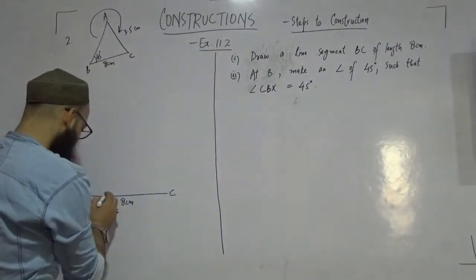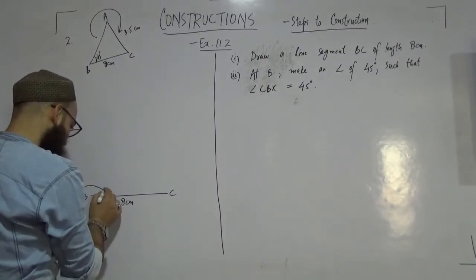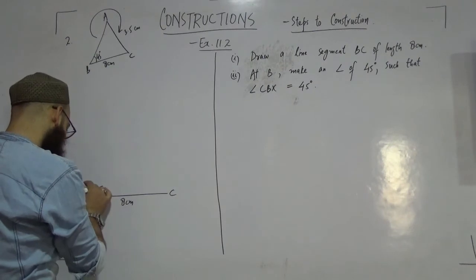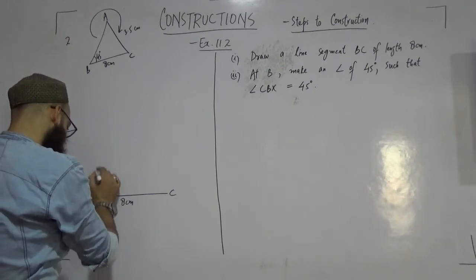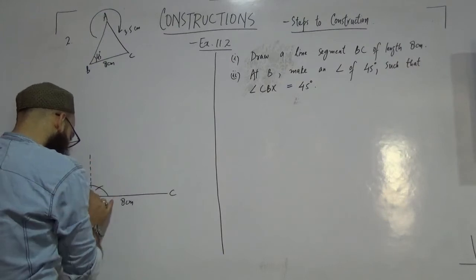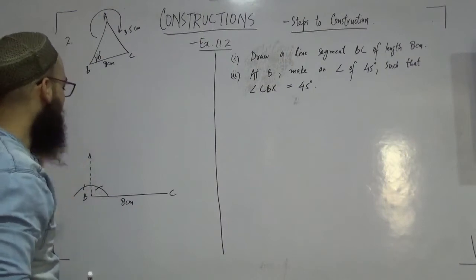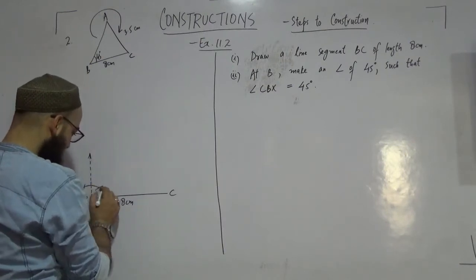So you go like this. Then with this as center, this is your 60, this is your 120. This is your 90, now bisect 90, you'll get 45. With this as center, this as center.